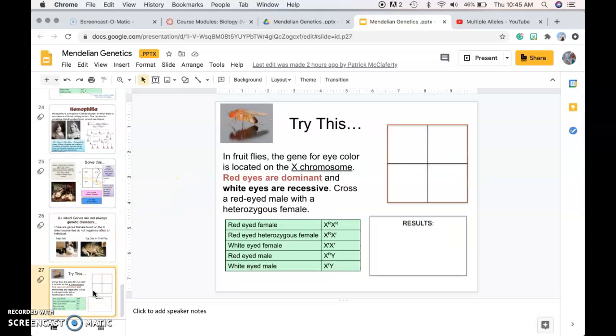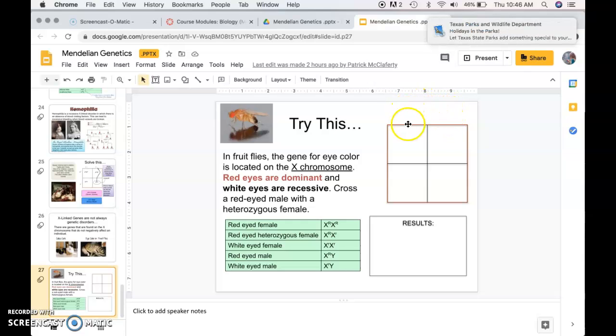All right, so lastly, let's try this. In fruit flies, the gene for eye color is located on the X chromosome. Red eyes are dominant and white eyes are recessive. Cross a red-eyed male with a heterozygous female. So I'm going to find a red-eyed male, which is right here, and I would put those 2 over here.